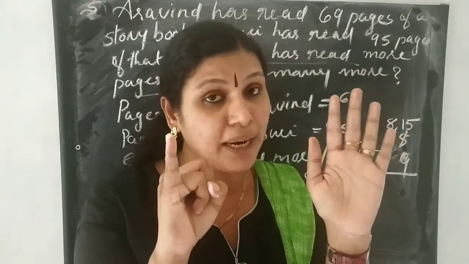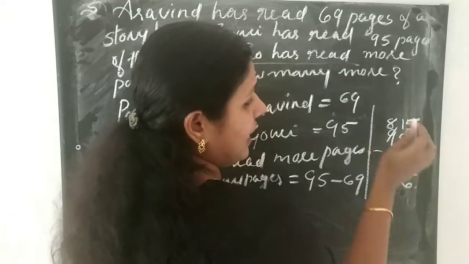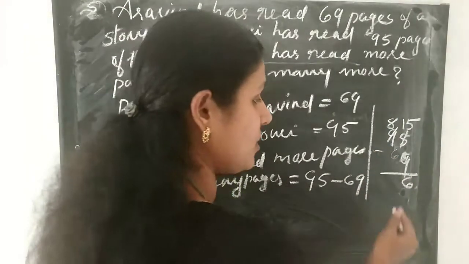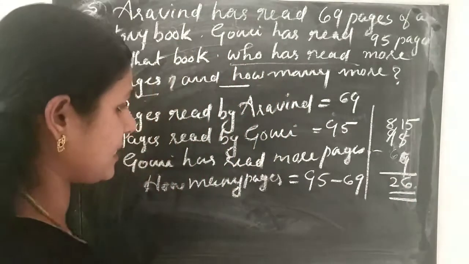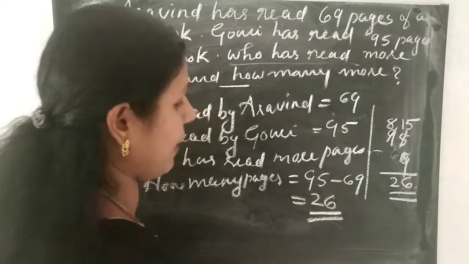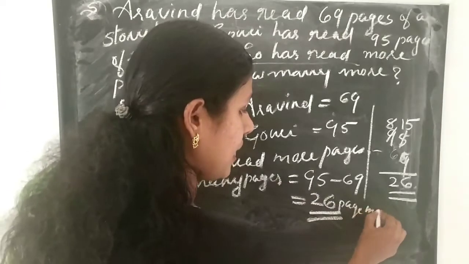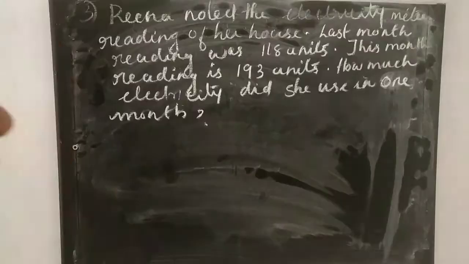So we get the number 6. So we write 6. Now 8 minus 6 is 2. So we get 26. So Gauri has read 26 pages more. Okay, understood.